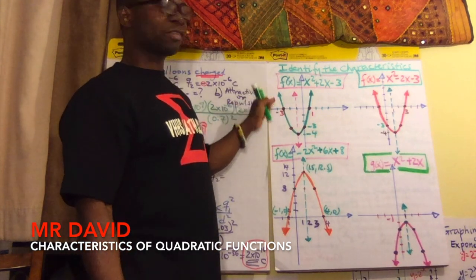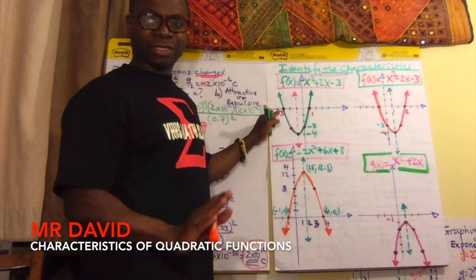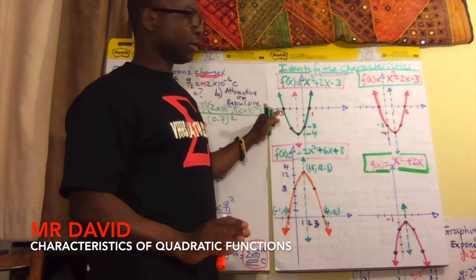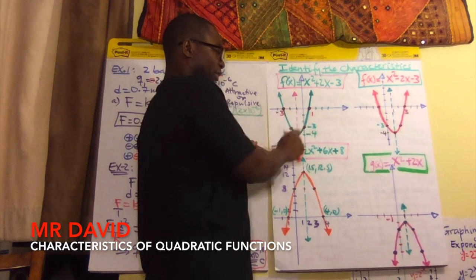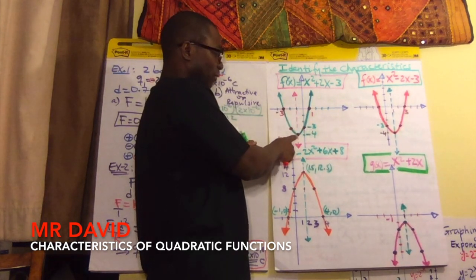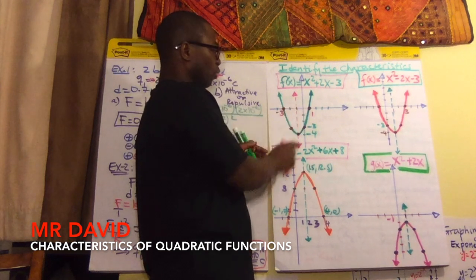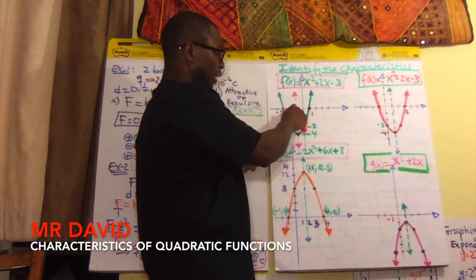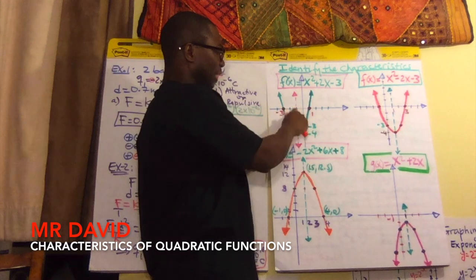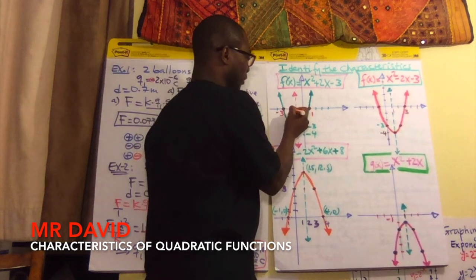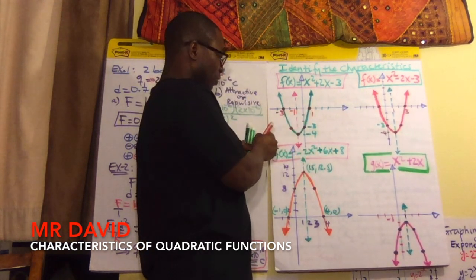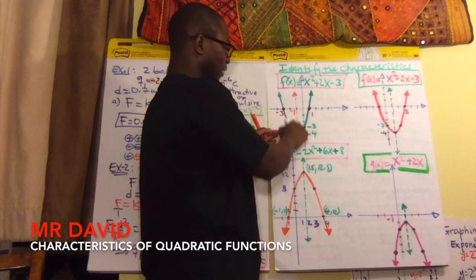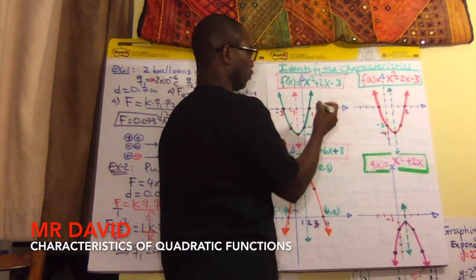We want to identify the different characteristics of this quadratic function. For the vertex, since it's a happy face, the vertex is the lowest point, right here. On the graph, x is at -1 on the x-axis, and it goes all the way down to -4. So our vertex is -1, -4.